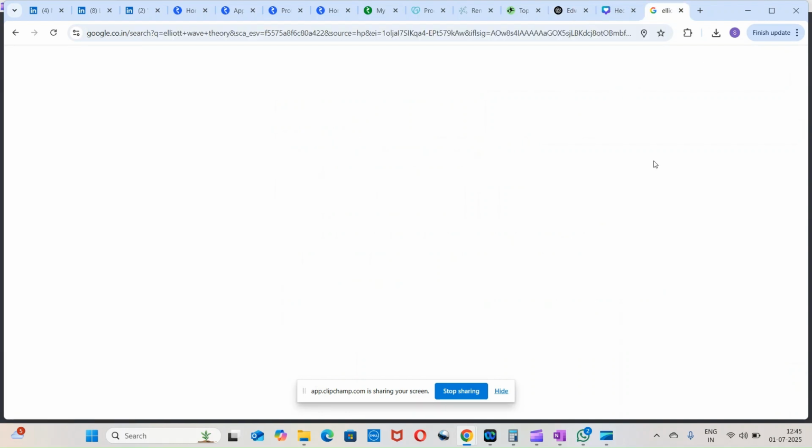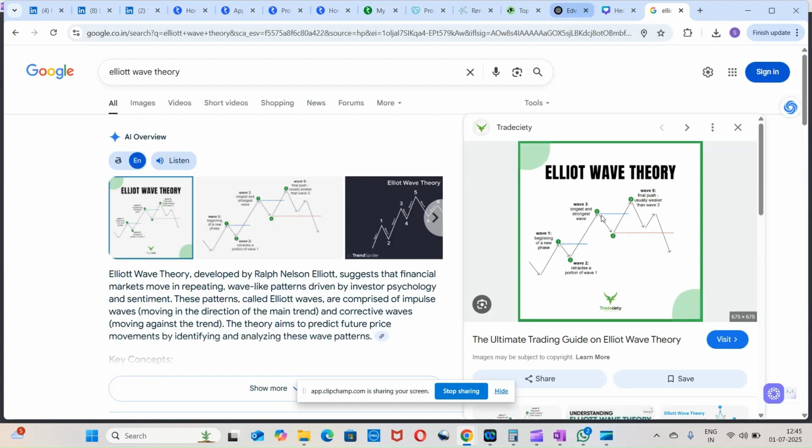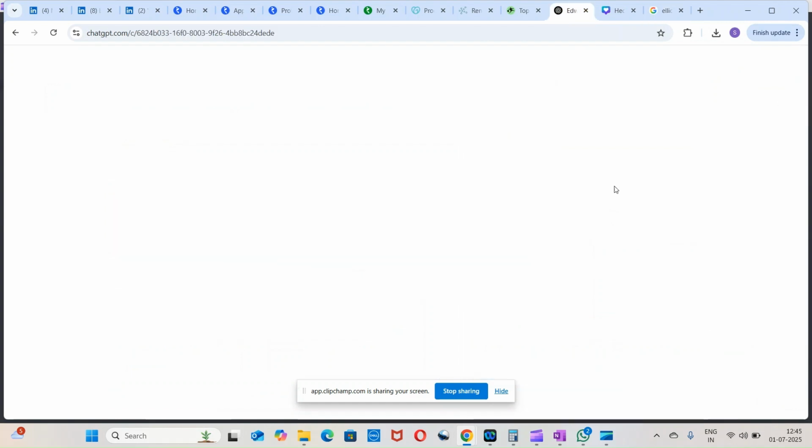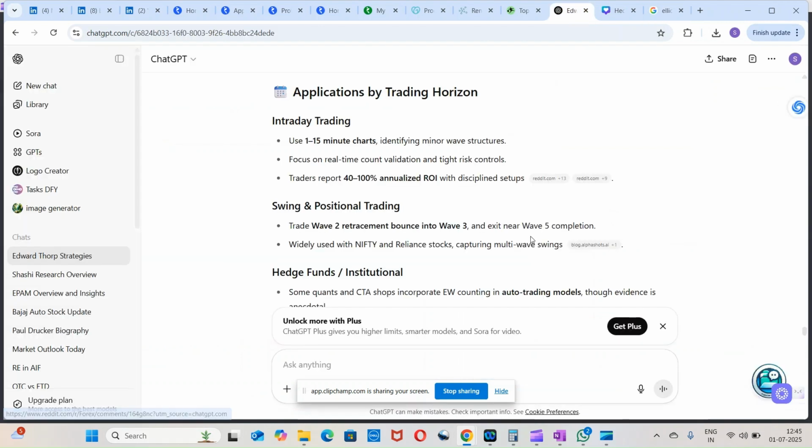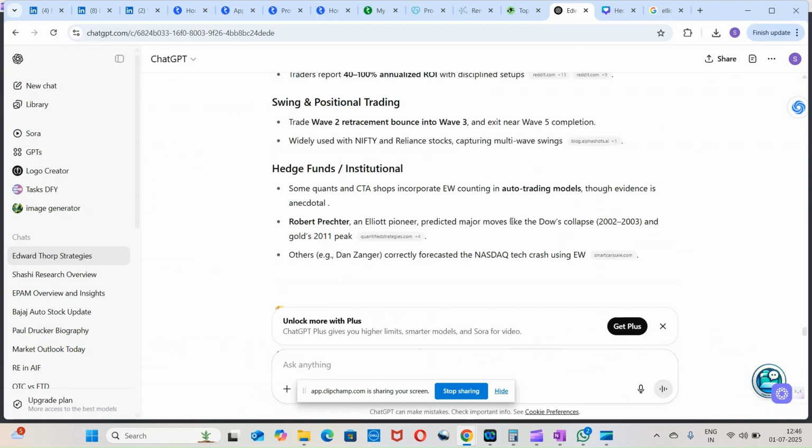If you see here for swing trading, swing traders generally enter here and capture all this trend, may exit some portion of it here, and then exit again here. That's what the strategy says for swing traders. It's widely used with Nifty and Reliance stocks, and it captures multi-wave swings.